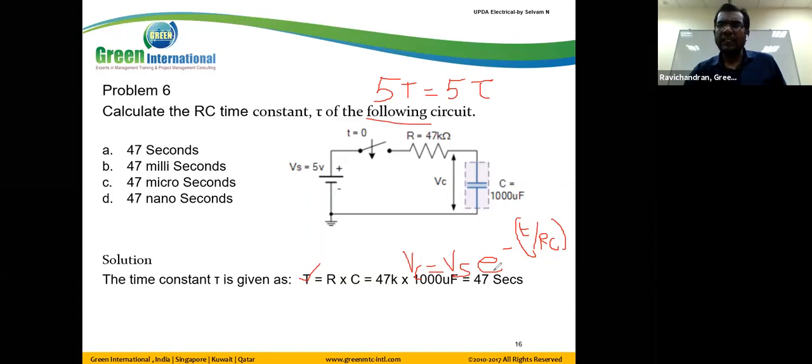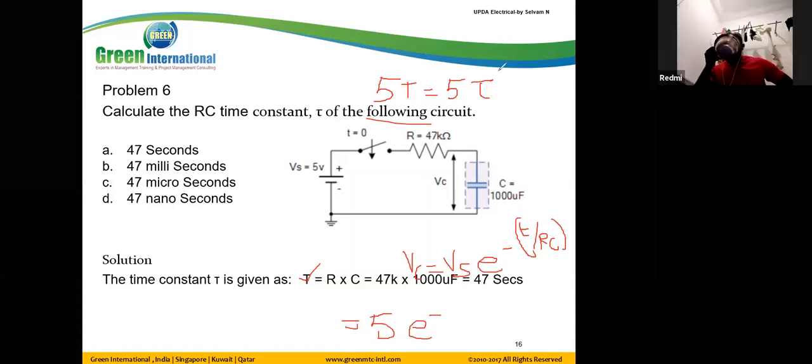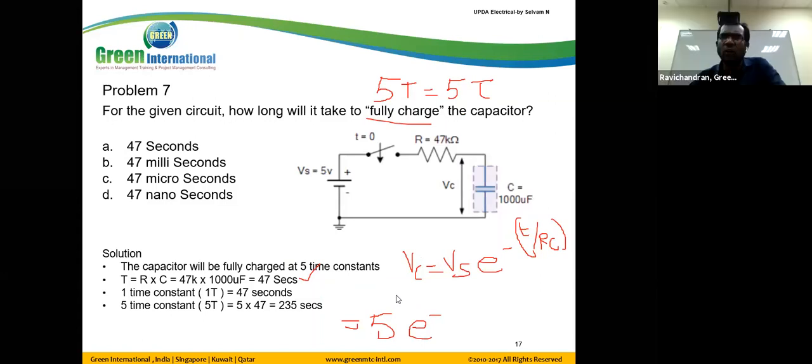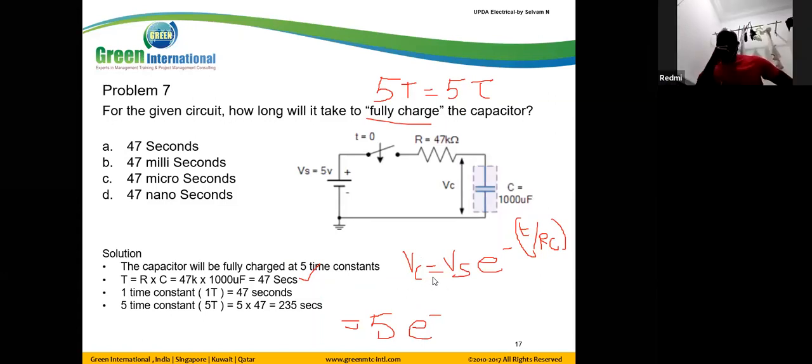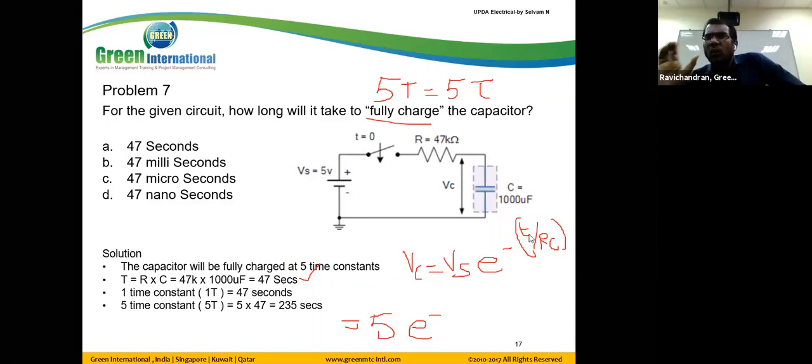Now we are discussing problem number 7. Vs is equal to 5 volts, from the circuit, the supply voltage. So 5 e to the power of minus T by RC, with T equal to 235.